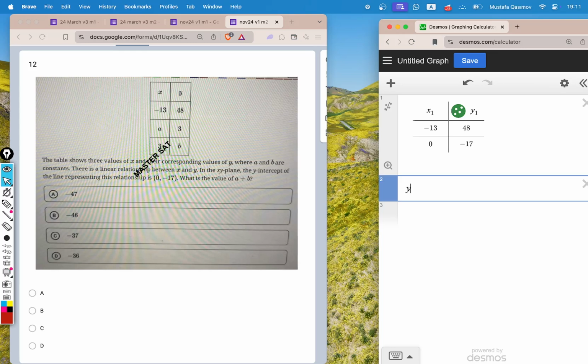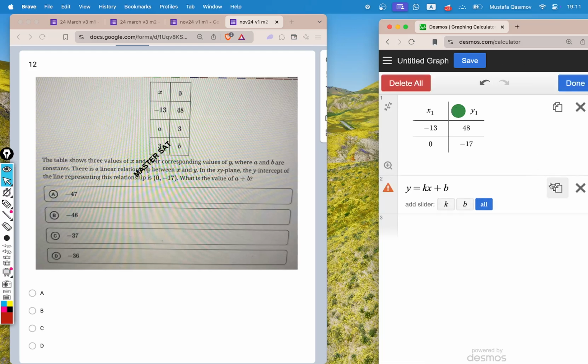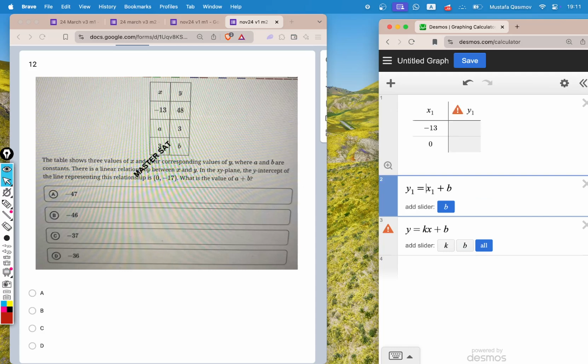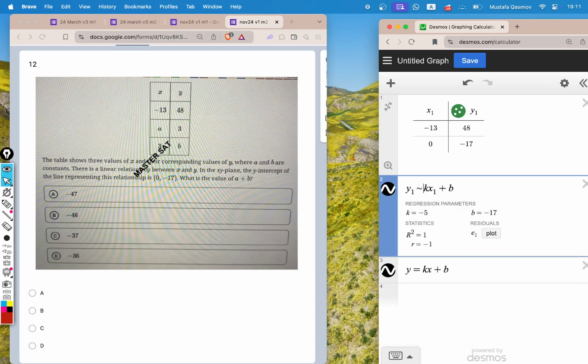Then let's write it like that. Y is equal to kx plus b. Then let's copy. Then let's write here 1 and 1. Then it will be like this. So k is negative 5, b is negative 17.